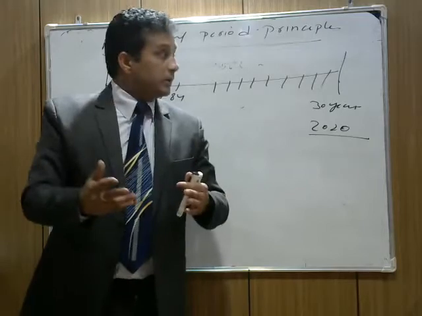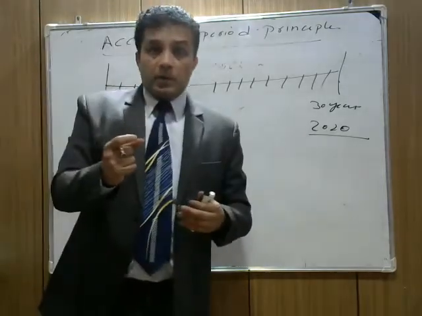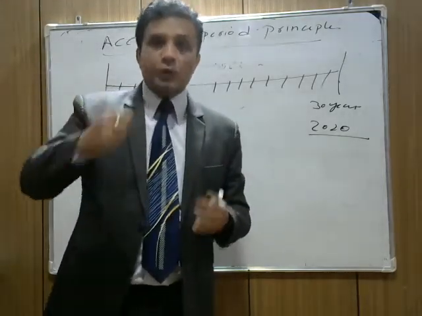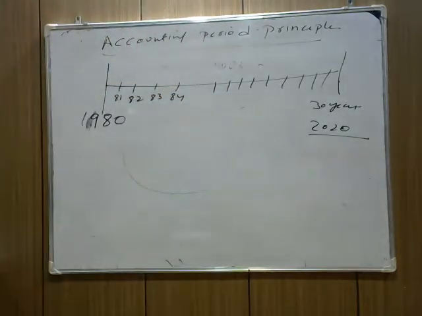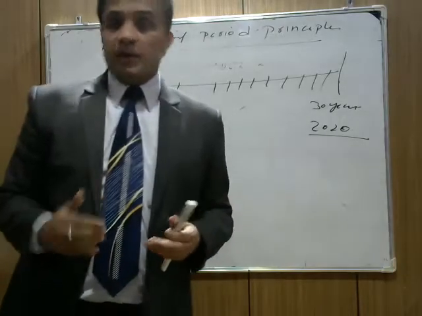However, for tax purposes, the accounting period should be a financial year, from 1st April to 31st March. I hope it's clear. And if you want, should I write it, or do you understand? If you cannot understand this, I provide you notes also. But you understand in terms of what accounting period is.